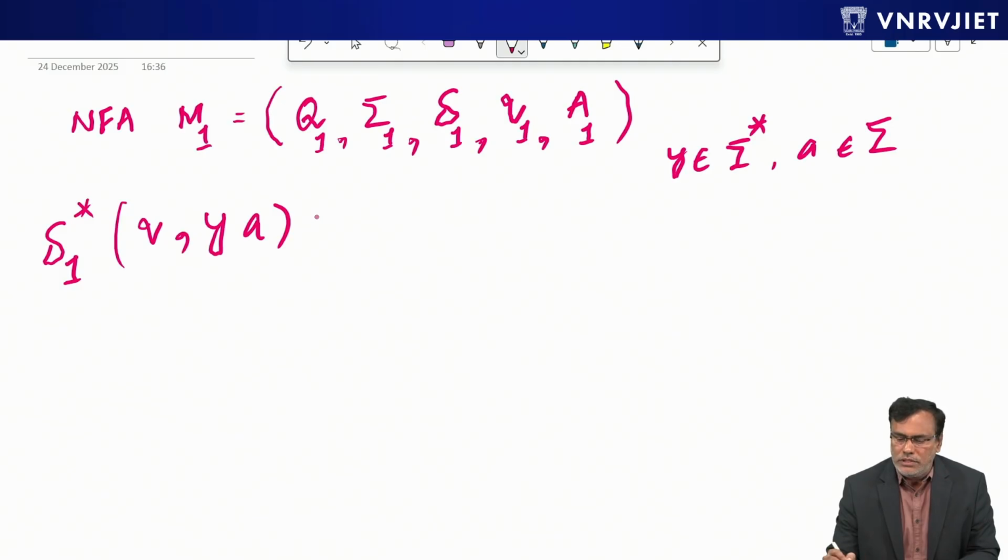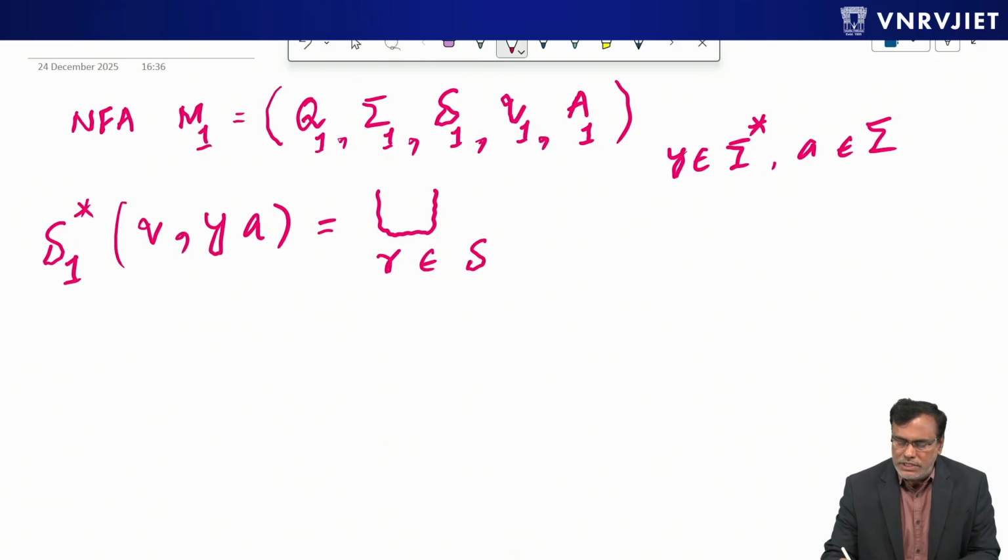Be very careful about the notations I am using, whether it is sigma, belongs to, or epsilon. They all look similar, so don't get confused. Be aware of what symbol I am using. So delta 1 star of q, y a is equal to the union over r belongs to delta 1 star of q, y, of delta 1 of r, a.